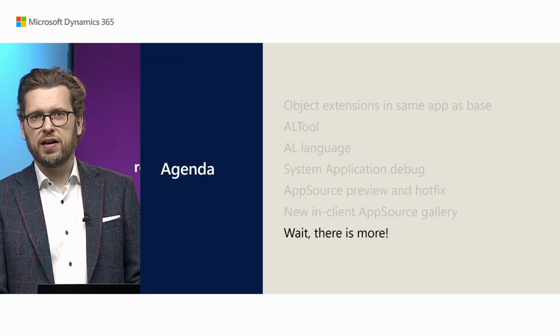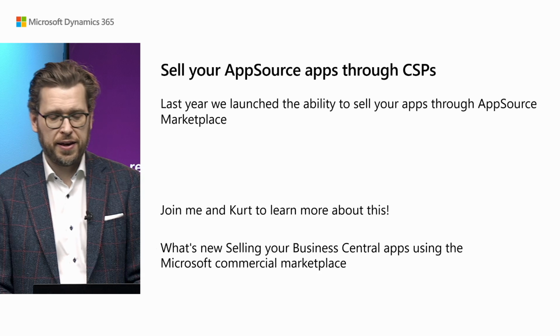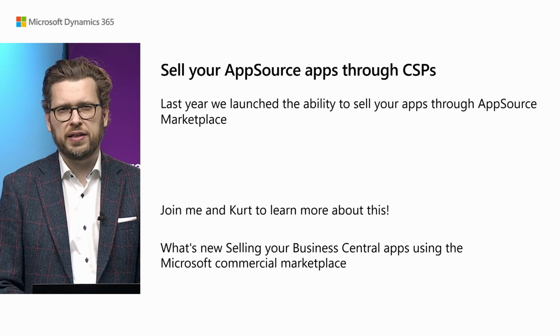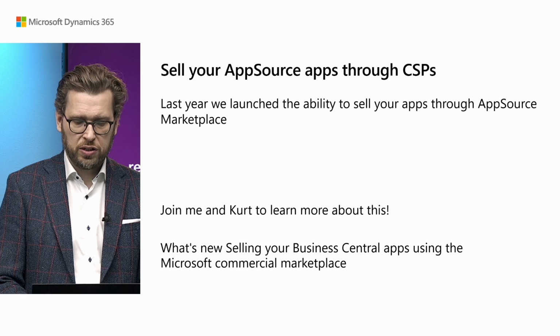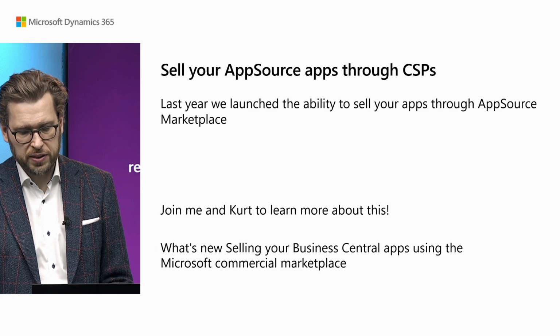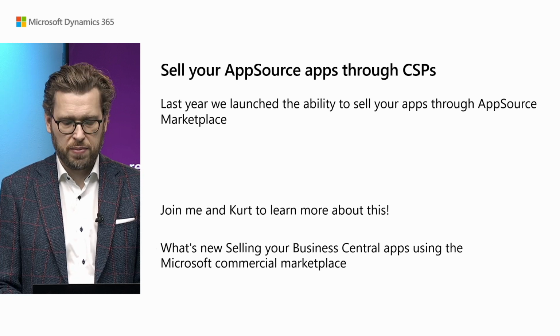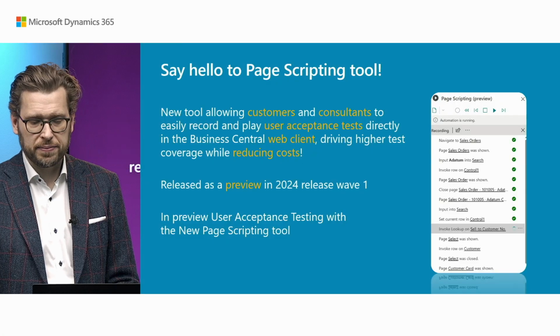Okay, there's actually a little bit more here, right? A few things. First of all, last year we launched the ability to sell your apps through the AppSource Marketplace. You can join me and Kurt to learn more about that. We have a session, What's New, selling your Business Central apps using the Microsoft Commercial Marketplace. Also, we have a super exciting new tool called page scripting.